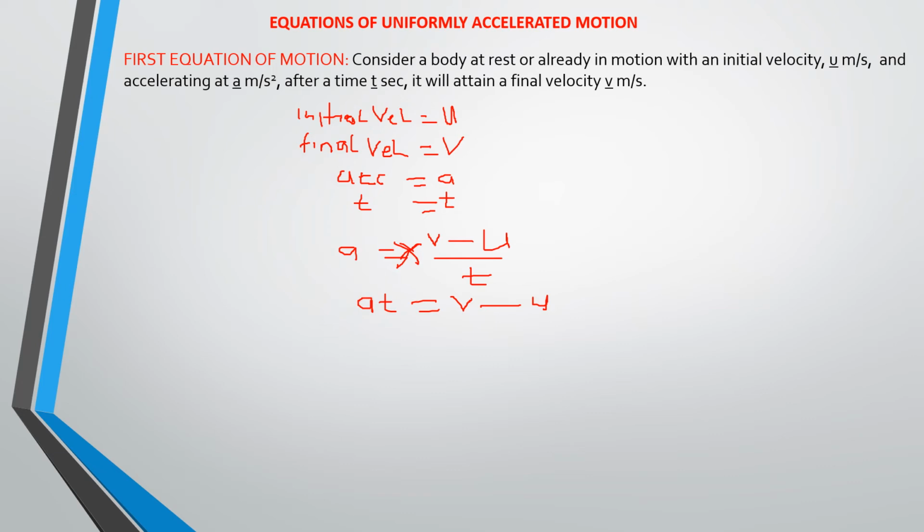Now you can do rearrangements to make v the subject of this formula. If you do the rearrangement, you will have that v will be equal to u plus at.